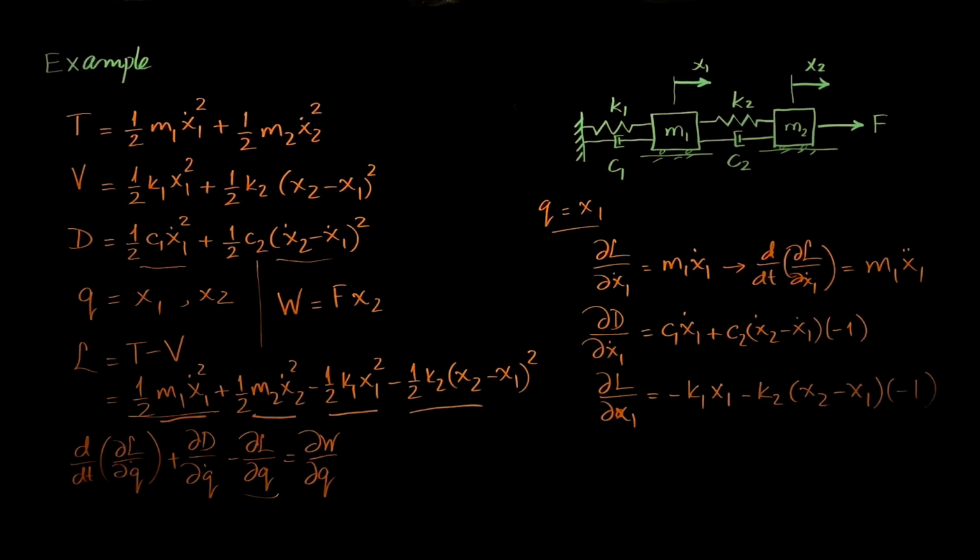The final term, derivative of the work with respect to x1 does not contain x1, so partial work partial x1 is 0.